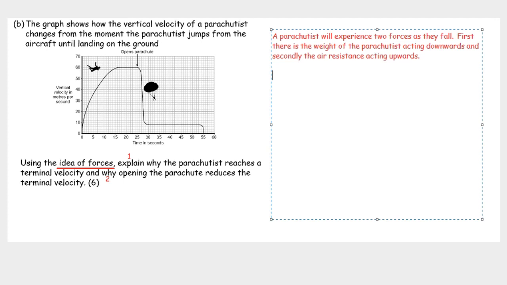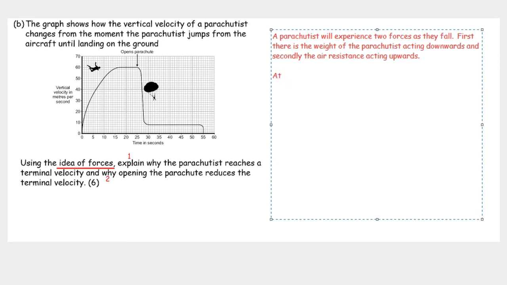Explain why the parachutist reaches a terminal velocity. So I'm going to tailor it to the particular question. I've really got to talk about here, why does the air resistance force increase as we fall?